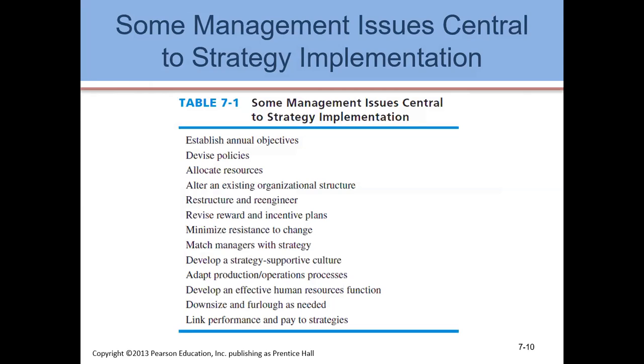The highlight of those management issues which are central to strategy implementation include: number one, establish annual objectives, devise policies, allocate resources, alter an existing organizational structure, restructure and re-engineering options, revise reward and incentive plans, minimize resistance to change, match managers with strategy, develop a strategy-supportive culture, adapt production operations processes, develop an effective human resource function, downsize and furlough as needed, and link performance and pay to strategies.